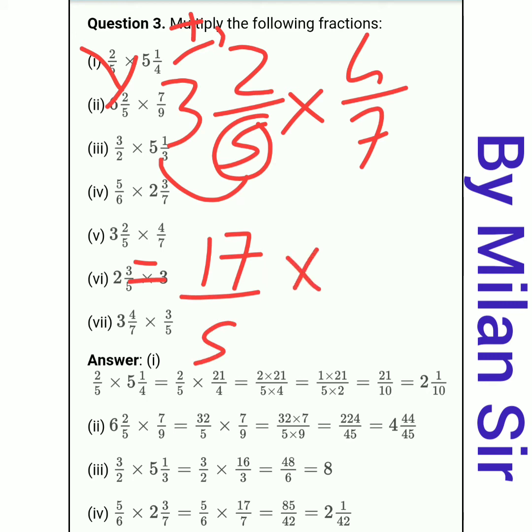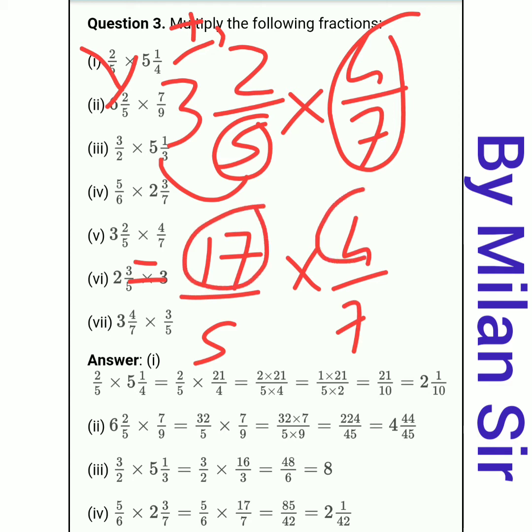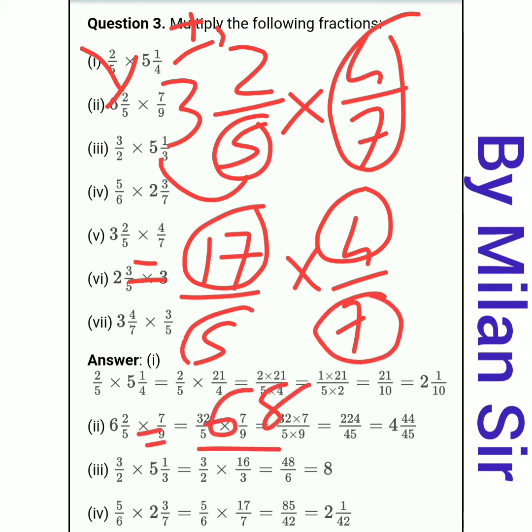Then here 4 divided by 7. Now here we cannot cut anything in numerator and denominator. So again directly we do multiplication. So 17 multiply 4, 68 and divide by 7 5s are 35. So 68 divided by 35.